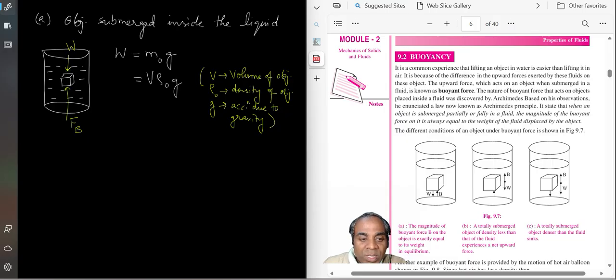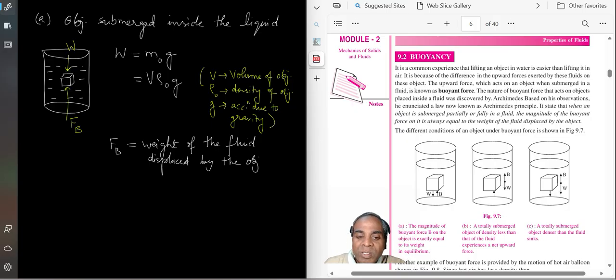What is the buoyant force? F_b is equal to, as per Archimedes principle, the weight of the fluid displaced by the object. So I'll write it here, weight of the fluid displaced by the object. So what is this weight?